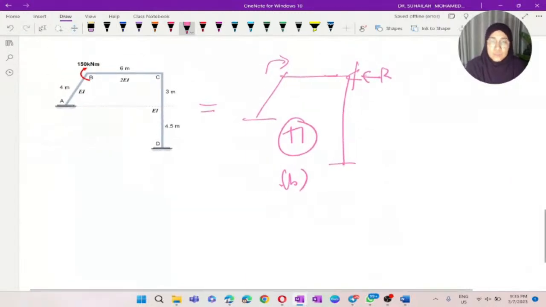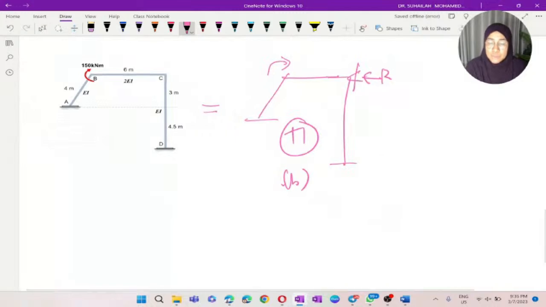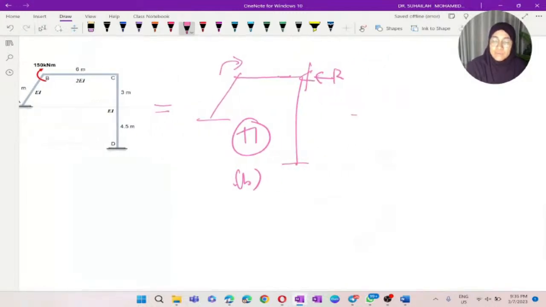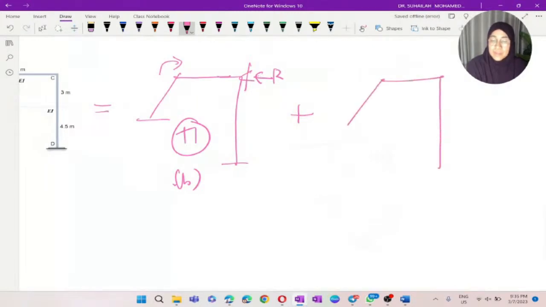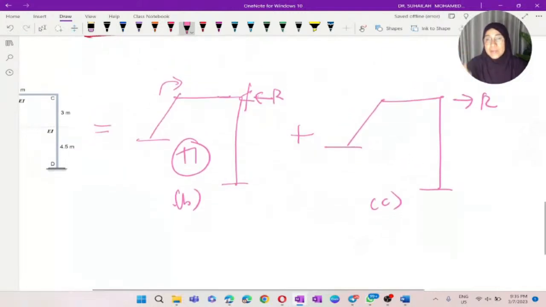To fulfill the principle of superposition, we have to add another frame which will neutralize the R. If in diagram B, R is in the negative direction, left direction, we will have another frame, C, in which R is acting in the right direction.